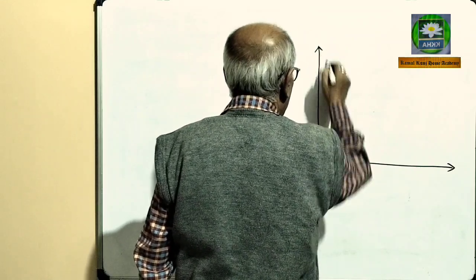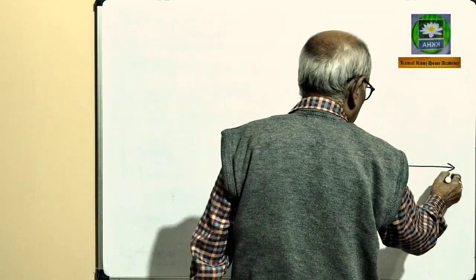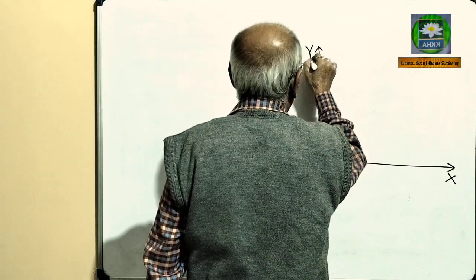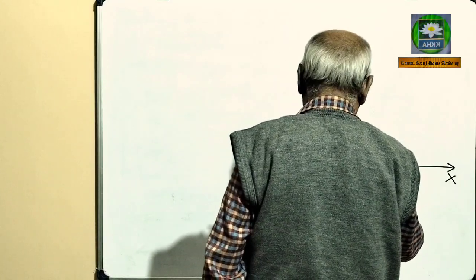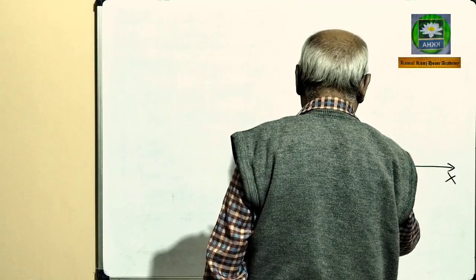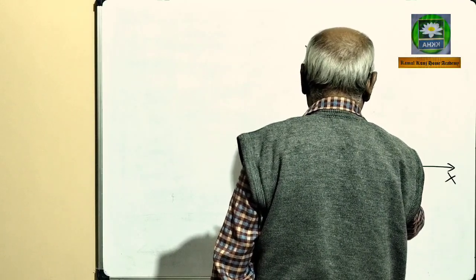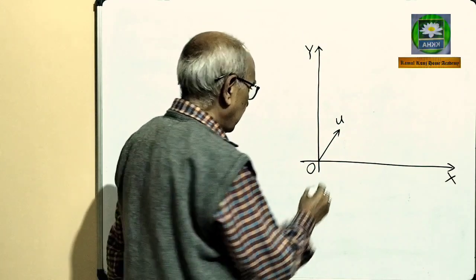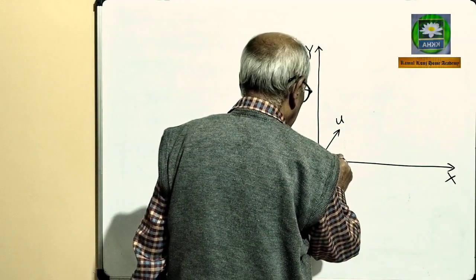Suppose a particle is thrown obliquely with an angle theta with the horizontal from the origin O with initial velocity u at an angle theta.